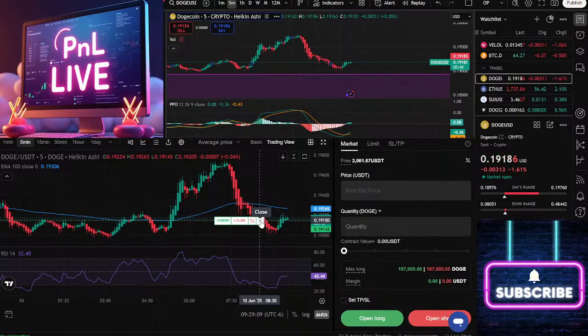But that's probably going to come in the form of a big candle, either a big red candle going back to the downside or a big green candle going to the upside. It's going to be one or the other. You can kind of see that happen the last time it kissed the exponential moving average. It hit the doji, people weren't sure, kept dojiing, and then it just blasted. So we'll see.